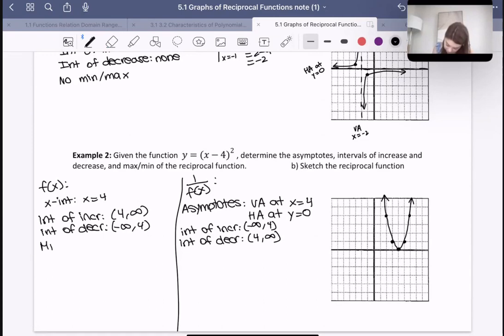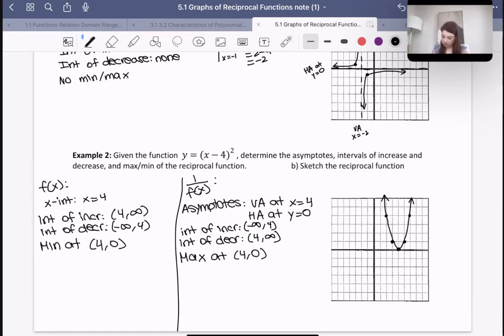So here we have a min at the point 4, 0, which means that on our new function, we have a max point at 4, 0. Now there is a little trouble that we're running into with this one, which is that we already said that at x equals 4 we have an asymptote, and so 4 actually is not a valid number for this.